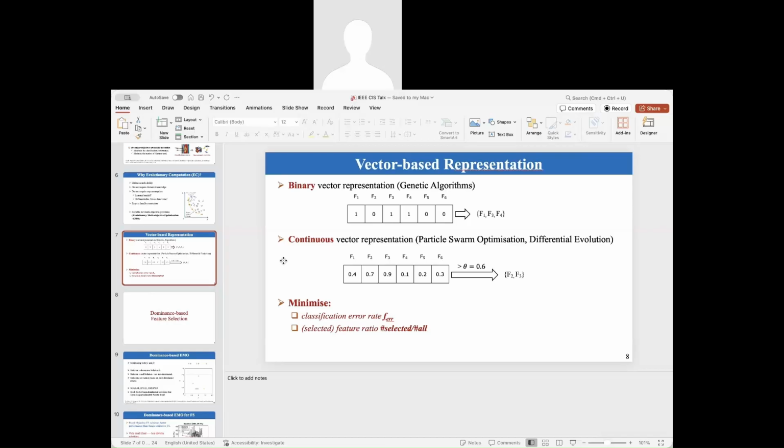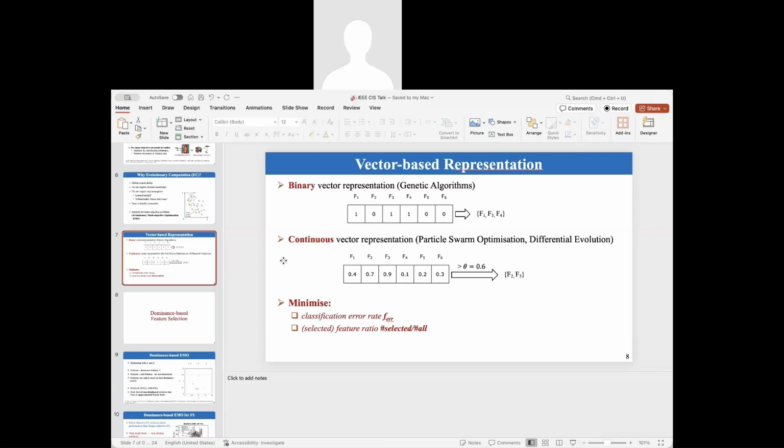The population will gradually ignore the bad combinations and focus more on the strong combinations, which can automatically filter out the irrelevant features and also find the good combinations between features.